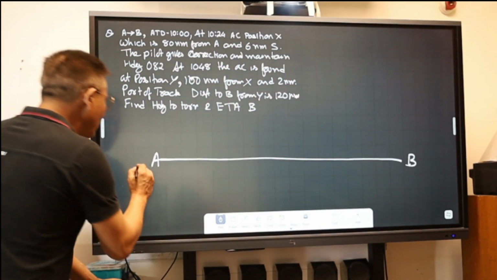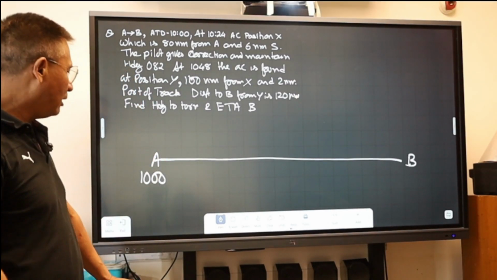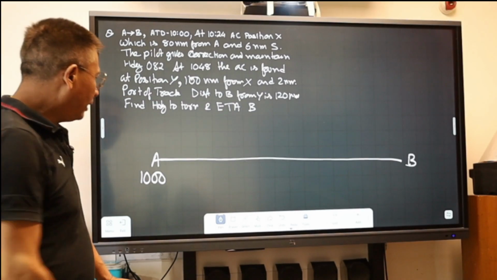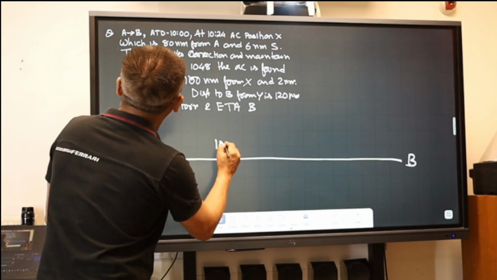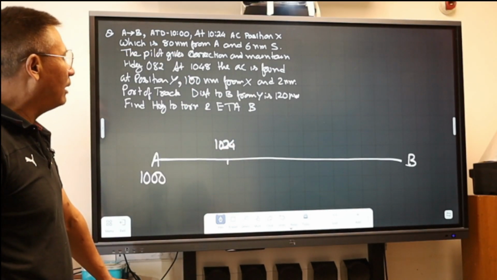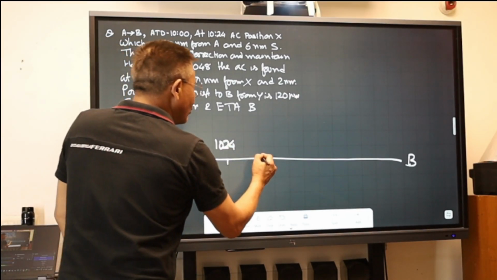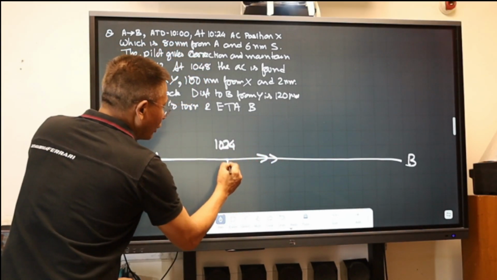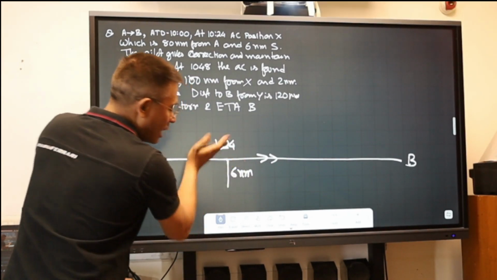Now the time of departure is 1000 at point Alpha, and at 1024 when he fixes the position, he found himself at position X-ray, which is 6 nautical miles starboard of the track. This is 6 nautical miles starboard of the track.